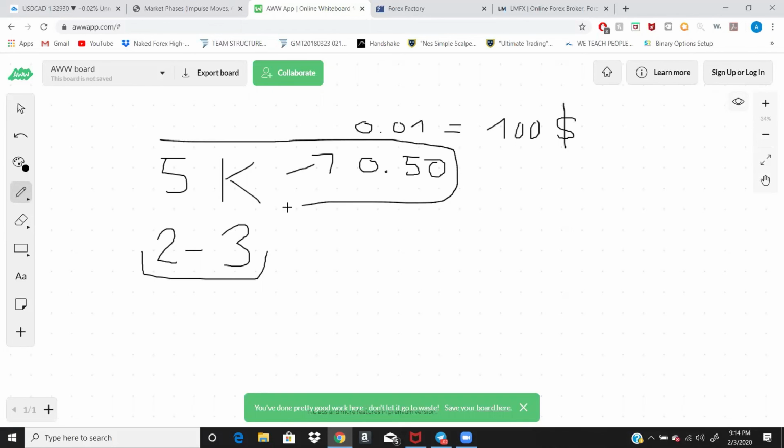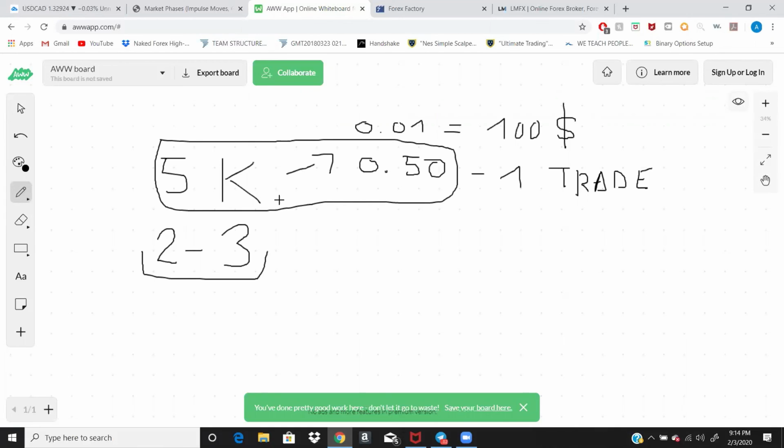But this is the catch. This is if you are entering only one trade. Sorry, this is freehand drawing and I'm really not artistic, so bear with me.